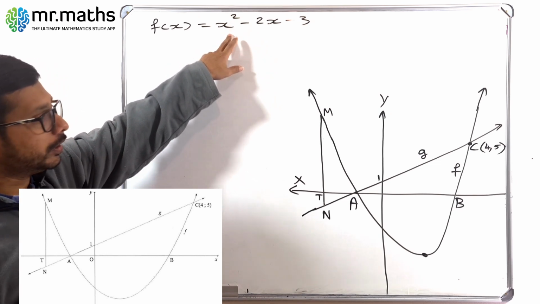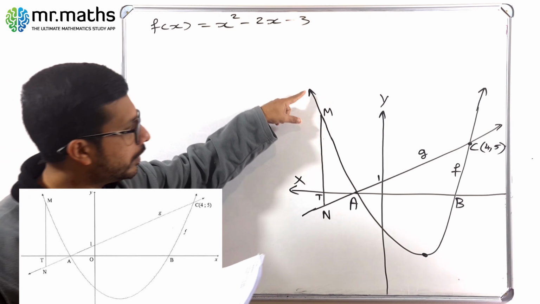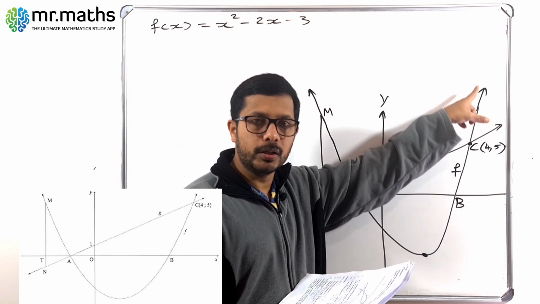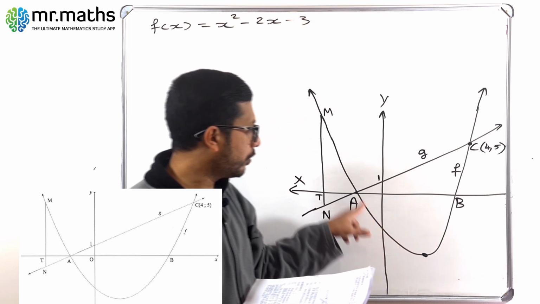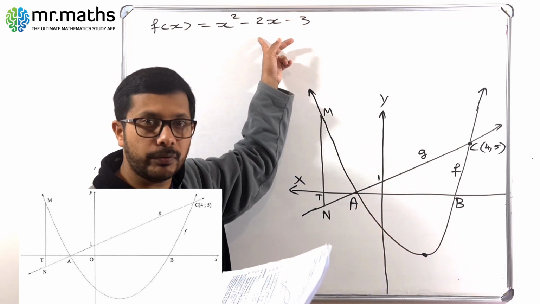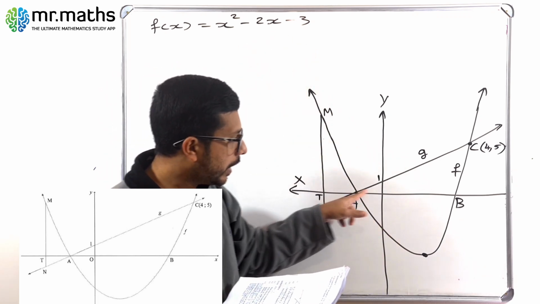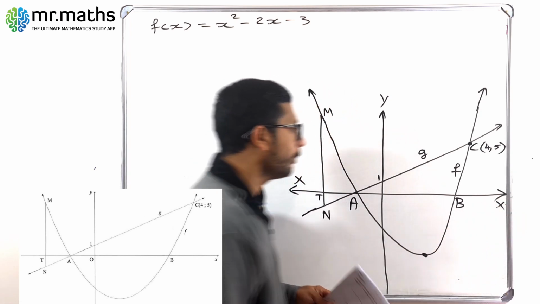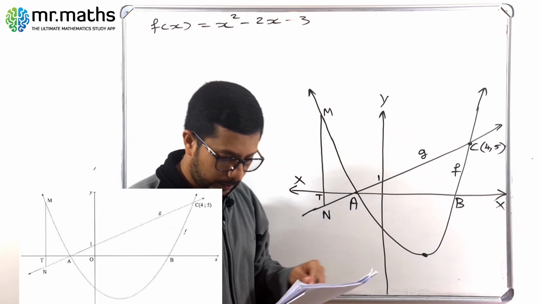So the equation of f(x) is given. Which one is the f(x)? This quadratic, this parabola. The equation is also given, and they are saying that A and B are the x-intercepts. This is the x-axis.